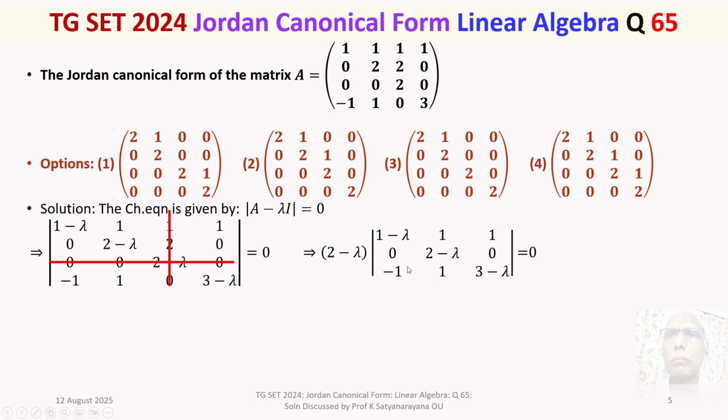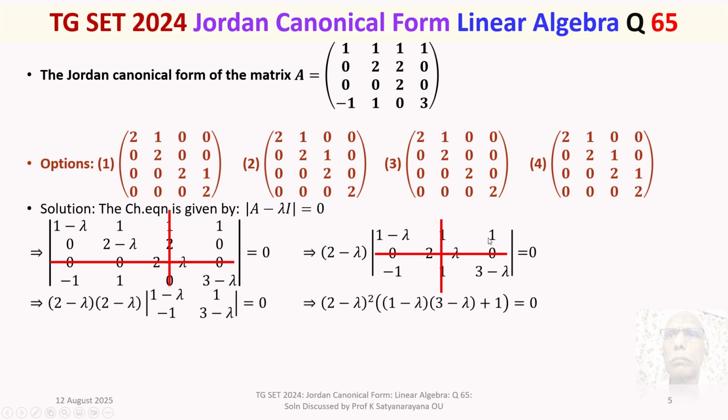Now to expand this again, look at the second row, second column. This element is 2 minus lambda. So this will be equal to 2 minus lambda into 2 minus lambda into the remainder of the determinant, that is the determinant 1 minus lambda, 1; minus 1, 3 minus lambda.